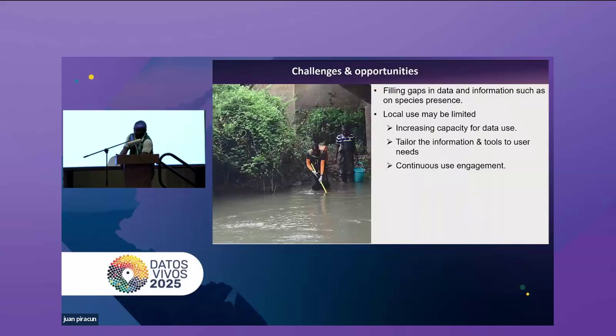Challenges and opportunities, again, referring to the presentation about data that we had in the plenary, data gaps remain a big challenge. That is, I think, everywhere and at every scale. So with all this understanding, we have been challenged to make sure that we do more work to fill data gaps.